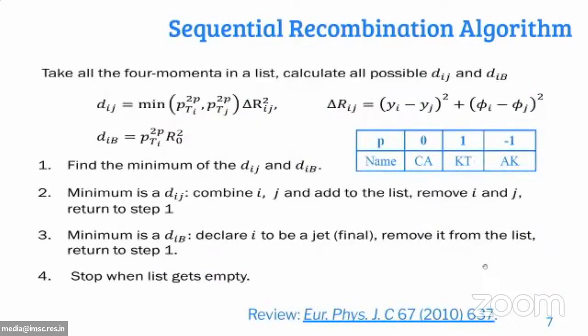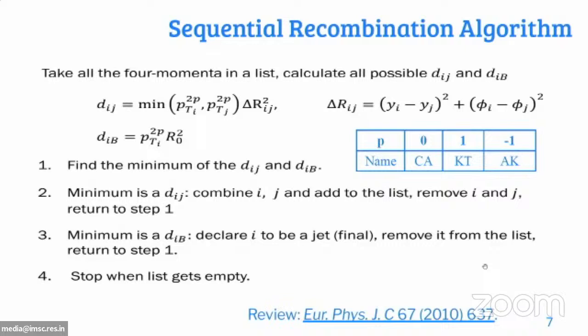For example, this is an iterative method. You put the list of all 4-momenta of the hadrons that you detected in an event into a list, you go through this procedure, and you get the jets.